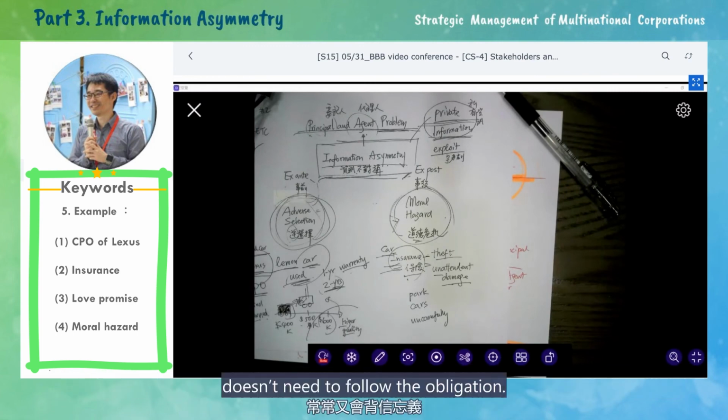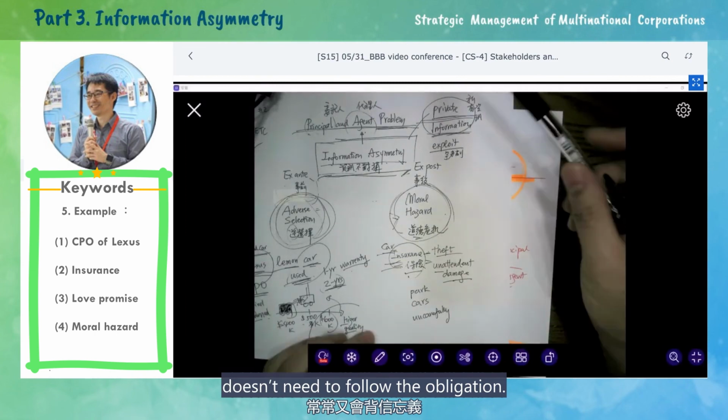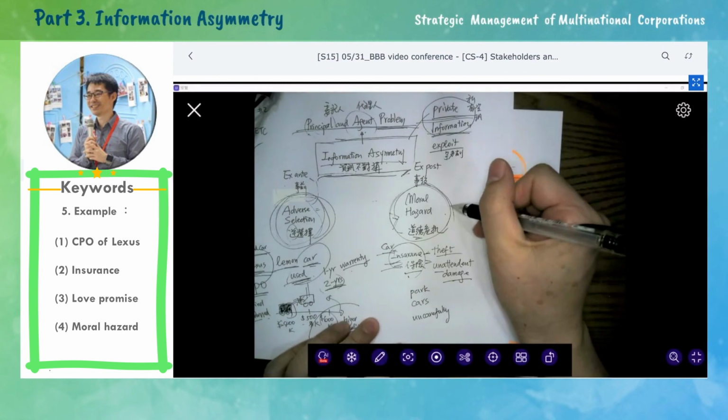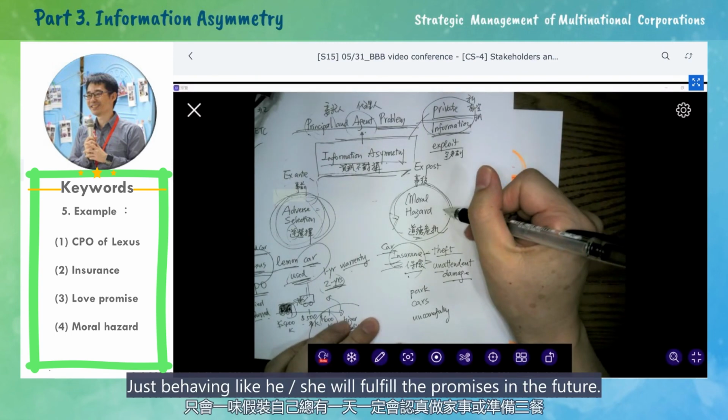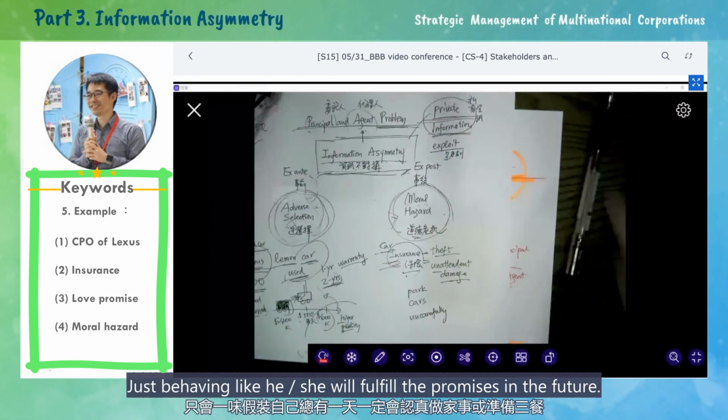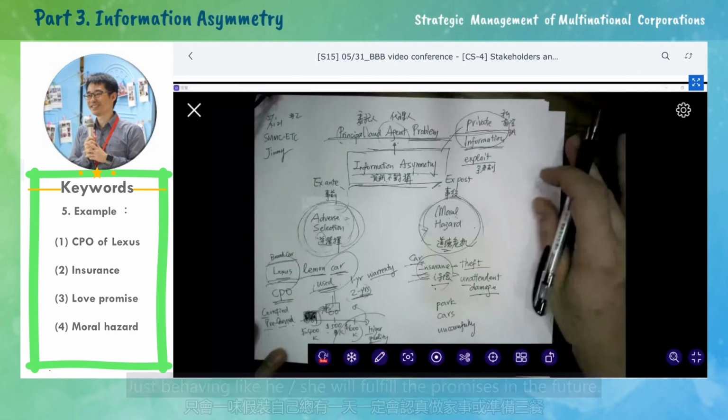But once they are married, the one who made the promise doesn't feel the need to follow the obligation, and just behaves as he or she wills. So that's the moral hazard.